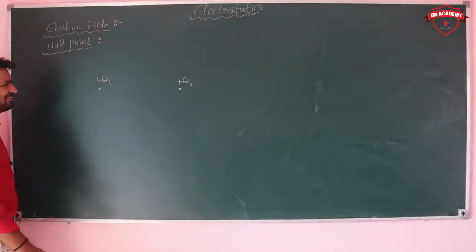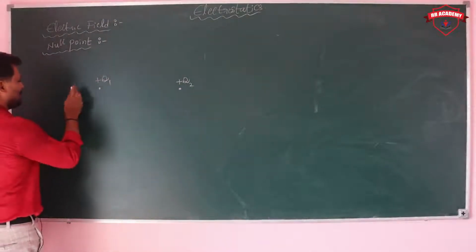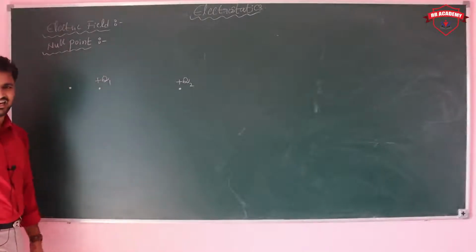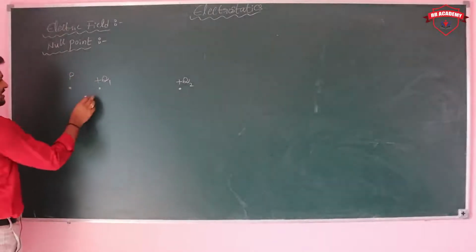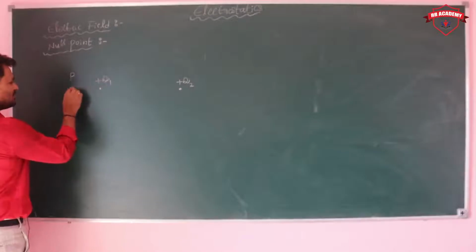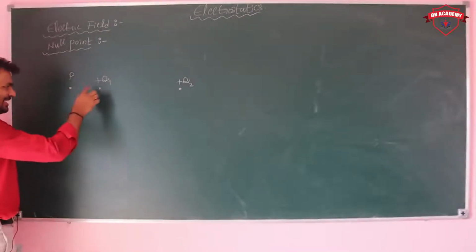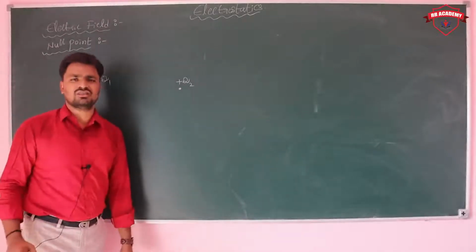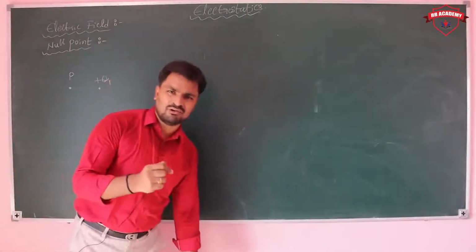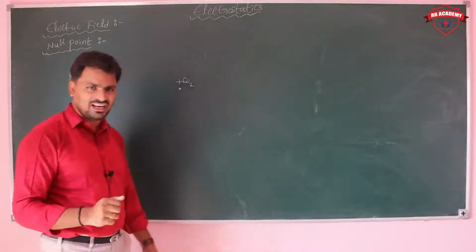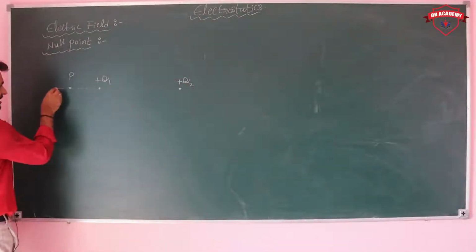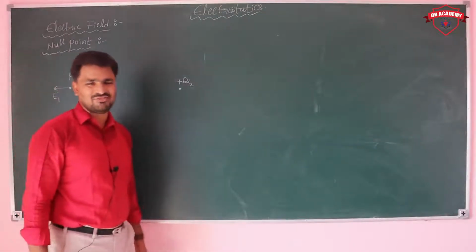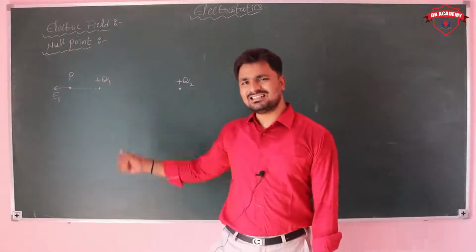So let's see. I am considering a point on the left side of Q1. What is the electric field due to the first charge? It is a positive charge, so the field direction is away from it. This gives E1, directed away. Next, take the second charge.